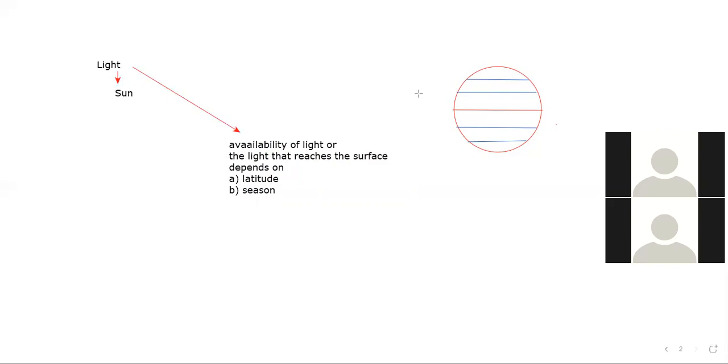So now, it means the insolation received on all the latitudes is not the same. Two important points are there.